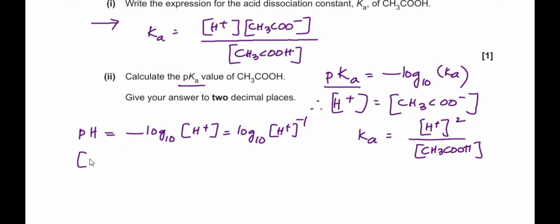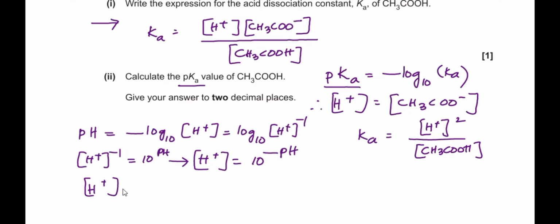Therefore, hydrogen ion concentration to the power of minus 1 is equal to 10 to the power of pH, which leads to hydrogen ion concentration is equal to 10 to the power of minus pH. So if we know the pH is equal to 2.41 here, we can write hydrogen ion concentration is equal to 10 to the power of minus 2.41.